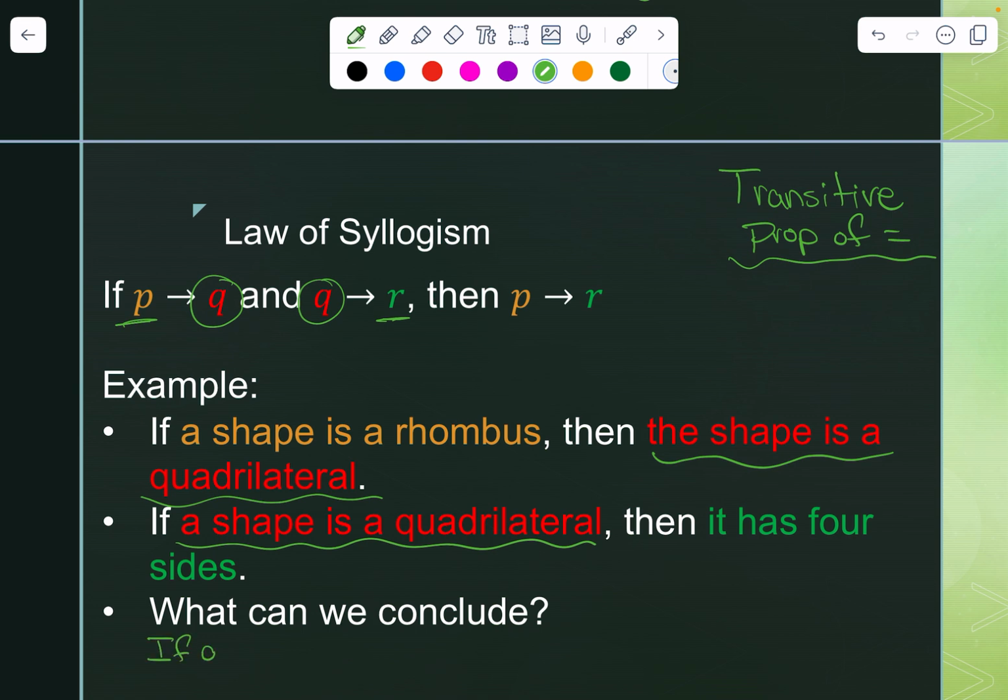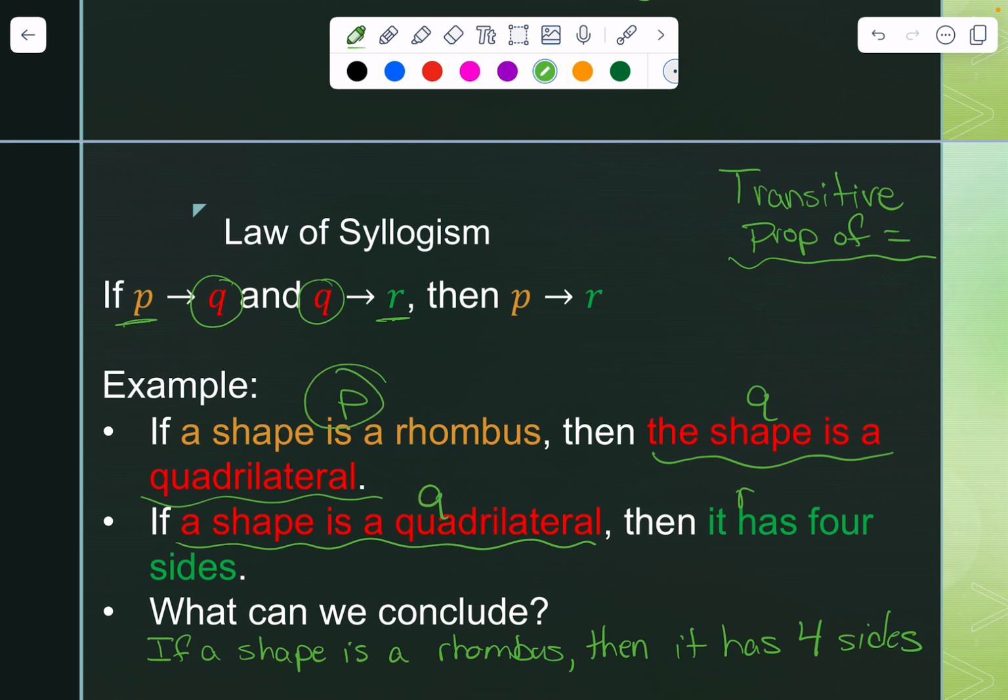If a shape is a rhombus, then it has four sides. So if P then Q, here's my P, here's my Q, and if Q then R, then I know P goes to R.